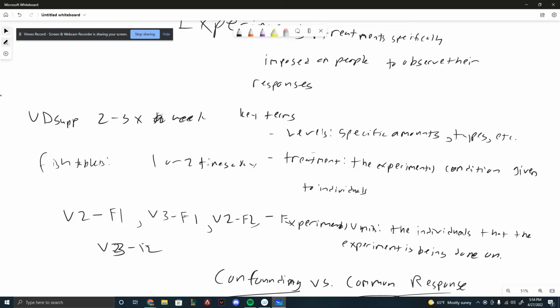Sorry about that one, guys. So when you have more than one kind of level, that's when these treatments are written like that.